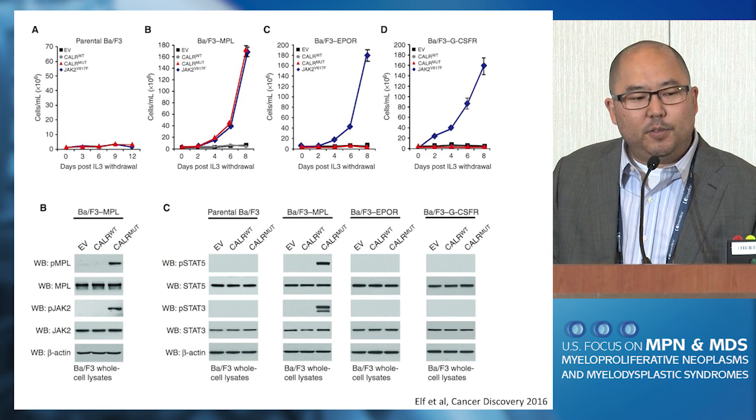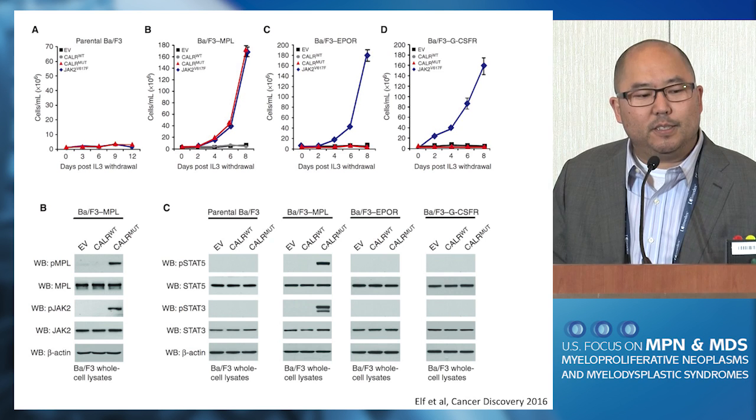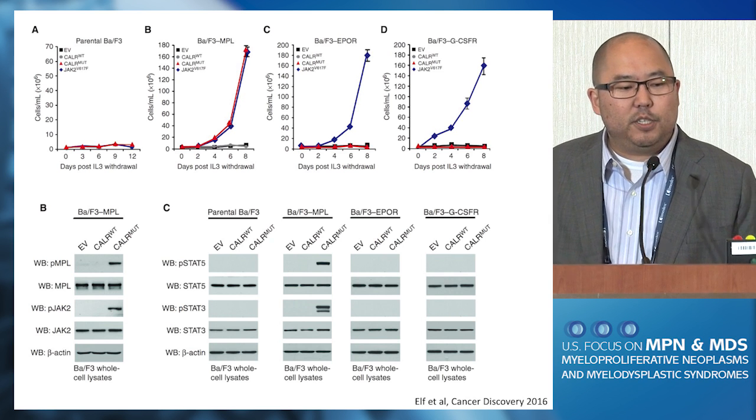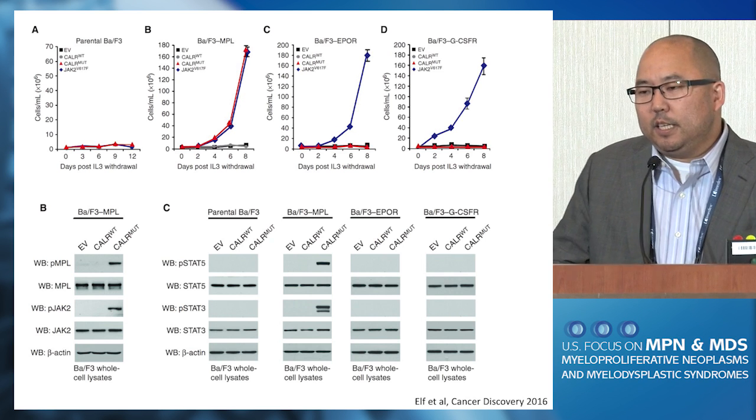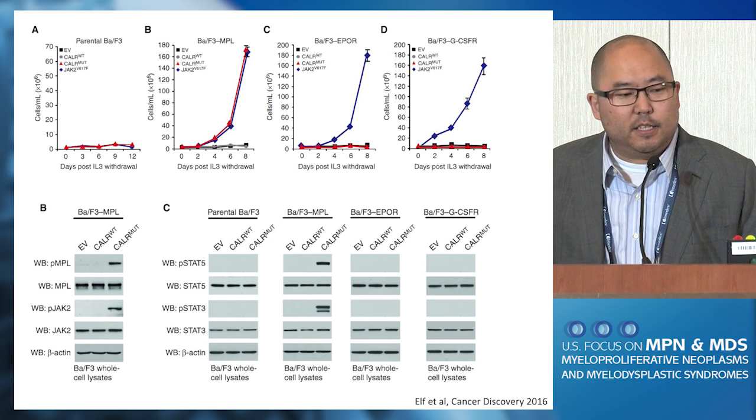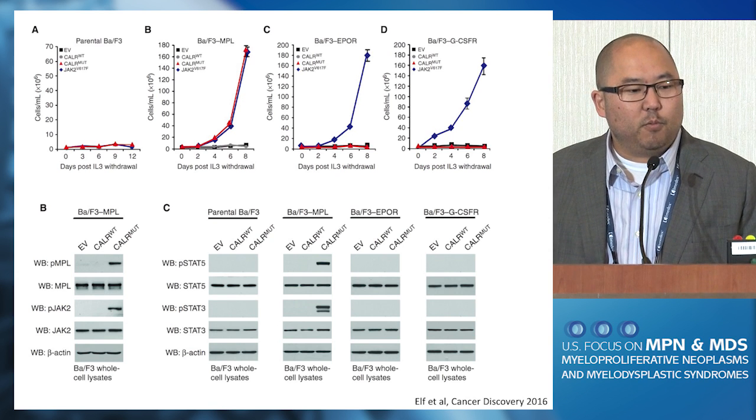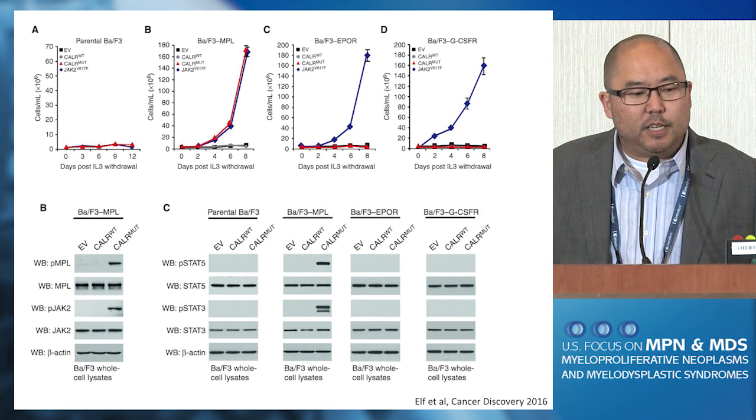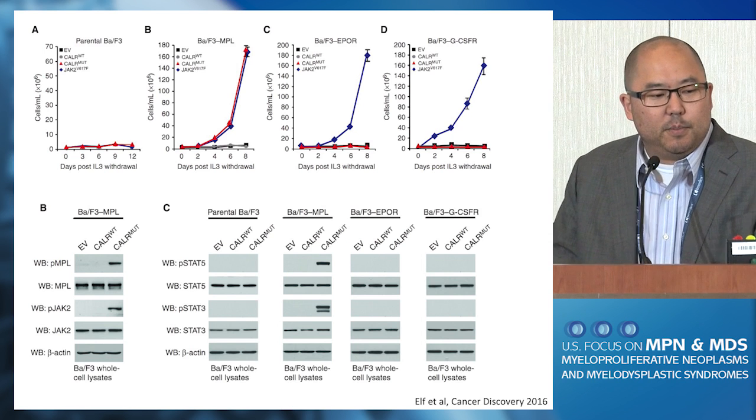But it does not do that if the cells are expressing the EPO receptor or GCSF receptor, which is different from JAK2 V617F, which does induce cytokine independence. So it seems like these calreticulin mutations are specific to MPL, but they do not change things with EPO or GCSF receptor.